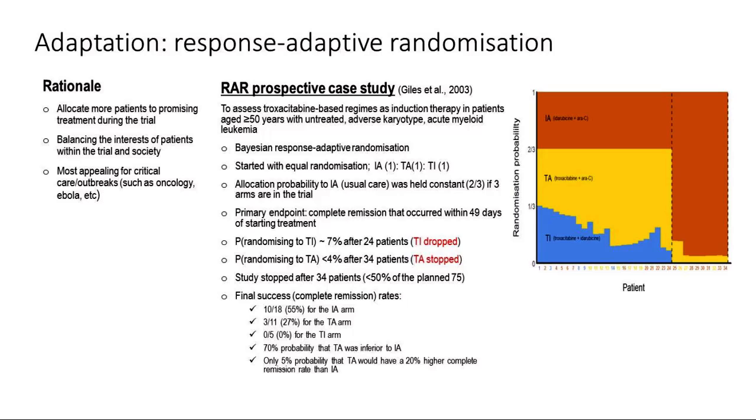So if your drug that you're testing is promising, you want to have more patients on the drug than patients on the standard treatment.